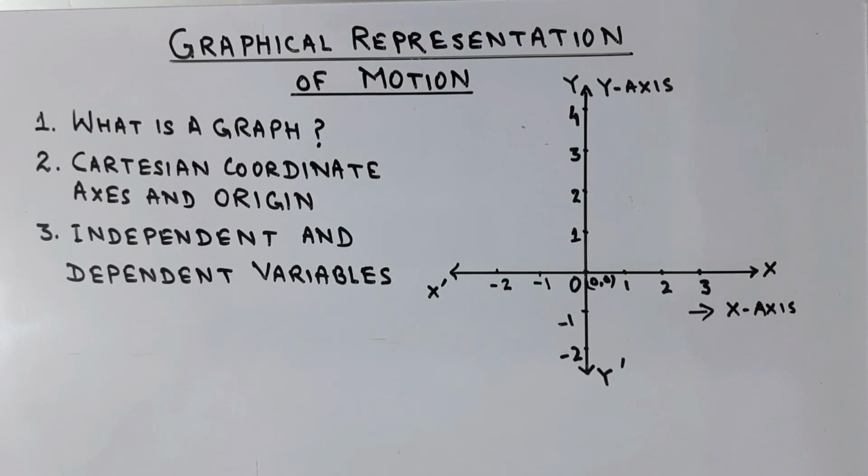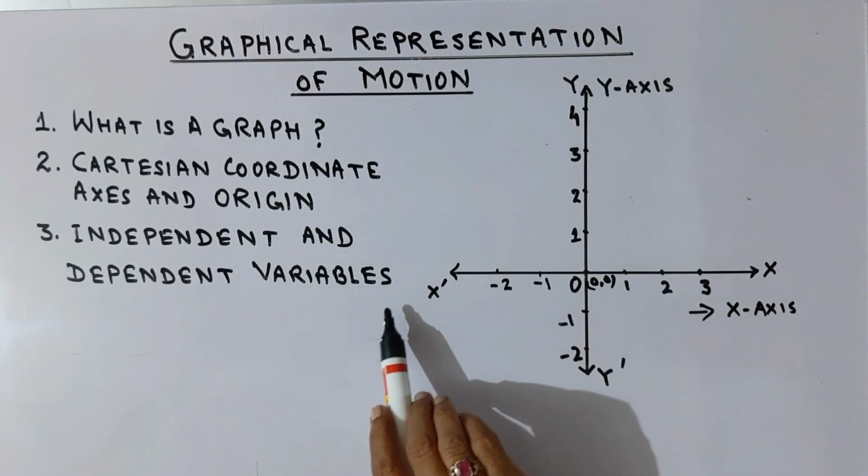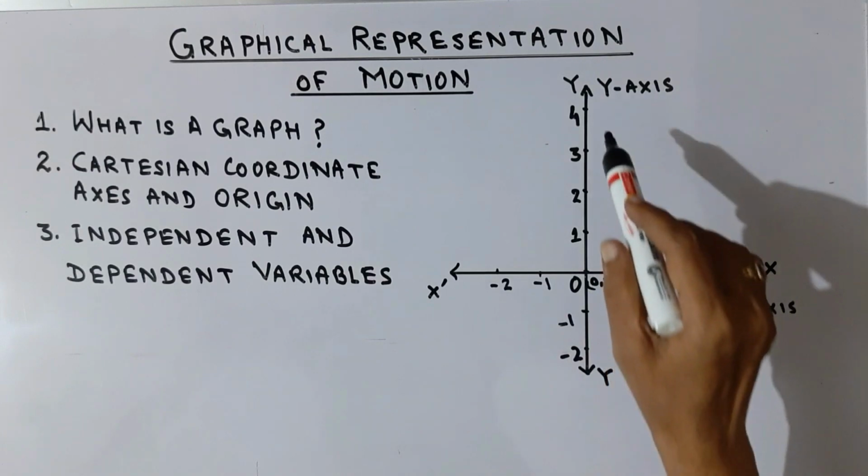The first quantity, which varies independently, is plotted along x-axis and it is called independent variable. The other quantity, which varies according to the variation of the first quantity, is called dependent variable, and this is plotted along the y-axis.